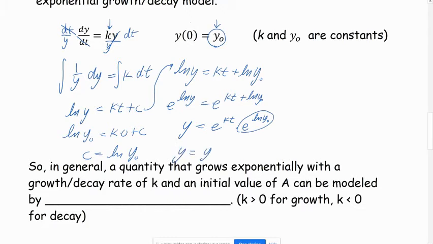So the population equals the initial population times e to the kt, and that gives us a general form that we can use for anything that has exponential growth and decay. If k is a positive number, then we get exponential growth. If k is a negative number, then we get exponential decay.